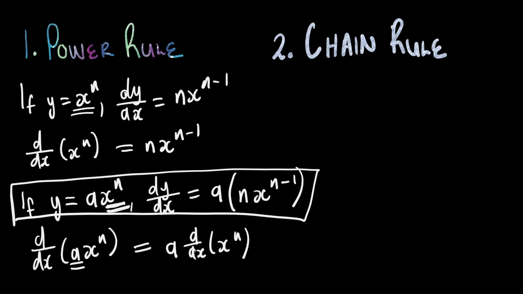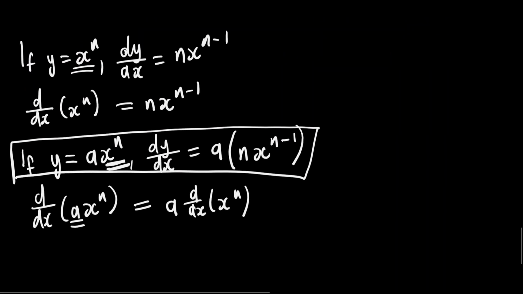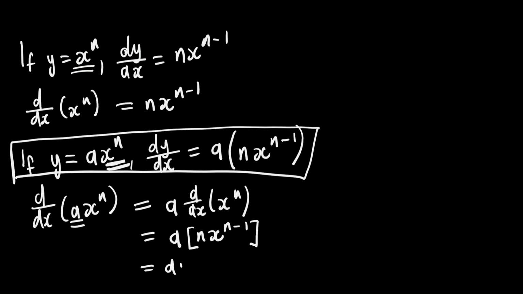So what it means is I bring my constant outside, I differentiate with the power rule the way I know it, then at the end I multiply by my constant. So a is going to multiply the derivative of x to the power of n, which is n coming down, then x to the power of n minus 1. You reduce the power by 1, and you just get a n x to the power of n minus 1.